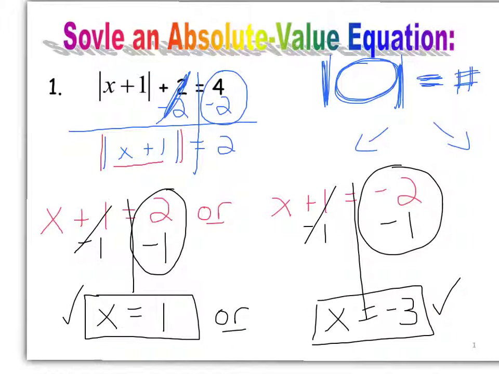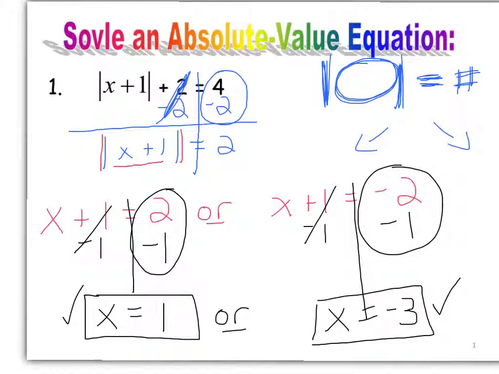Okay, so just to summarize, in order to set up your two equations, you have to make sure that the absolute value is all by itself, alone on one side of the equal sign. If it's not alone, like here it was not alone because we had this plus 2, you have to get rid of that plus 2 first. So in this one, the way that we did it is we added the opposite, minus 2 on both sides.